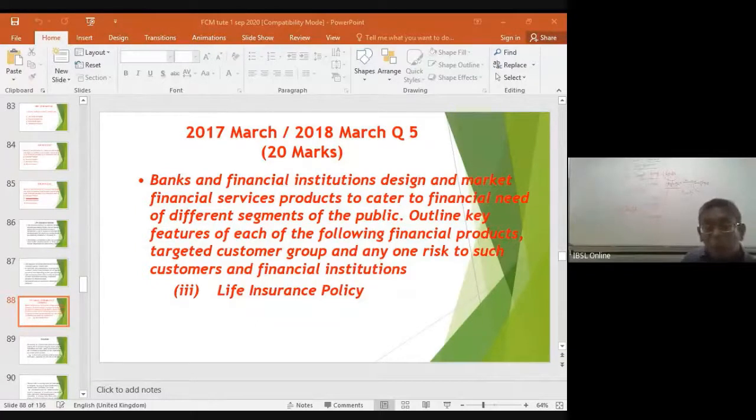So Granville Rodrigo met with an accident, right? And was hospitalized in Colombo Hospital, right? And while he was taking the treatment, he died. His wife went to the insurance people and asked for the insurance, because he had already got the insurance cover.